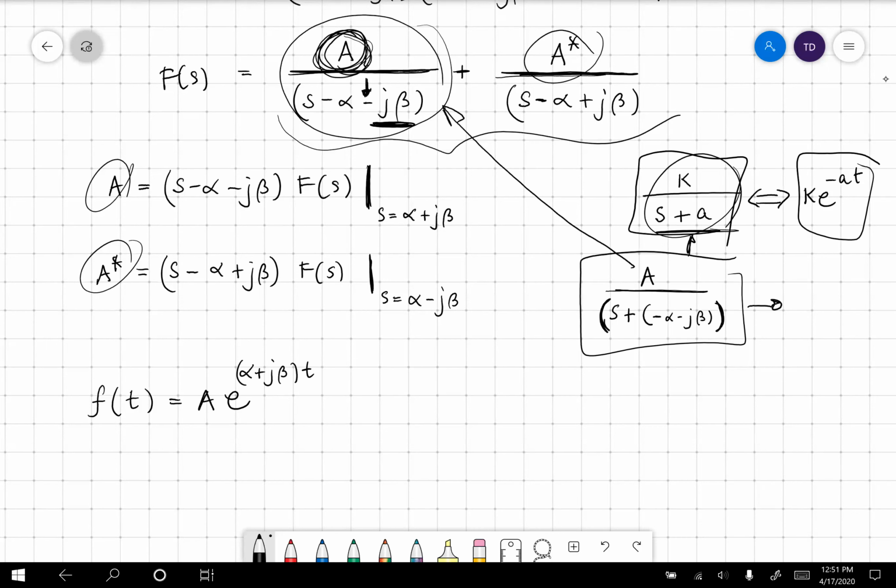So f of t equals, from here, minus 1. I know I don't have to write the minus 1, I have to write the minus e to the minus t, e to the minus 1t. Now here, remember, alpha here is negative 1.